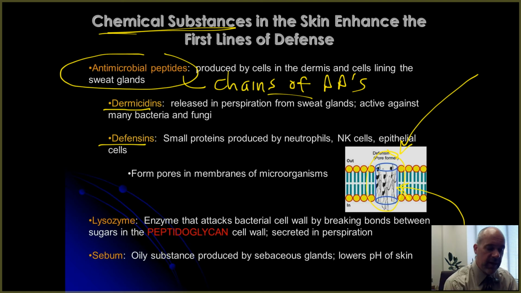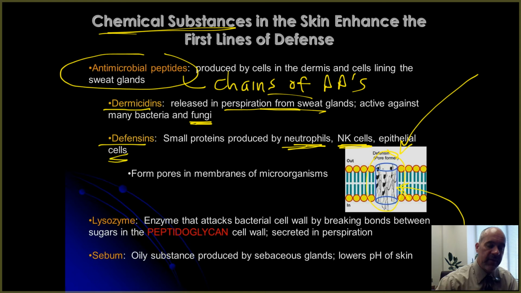Some of them are also active against fungi as well. Some of these are mainly found in the skin. They're released in perspiration from your sweat glands, and those are called dermacidins. Then others are called defensins, and so they're produced by more cell types. Neutrophils are a type of white blood cell. NK cells are one of the cell weapons of your immune system that we'll talk a little bit about as well.